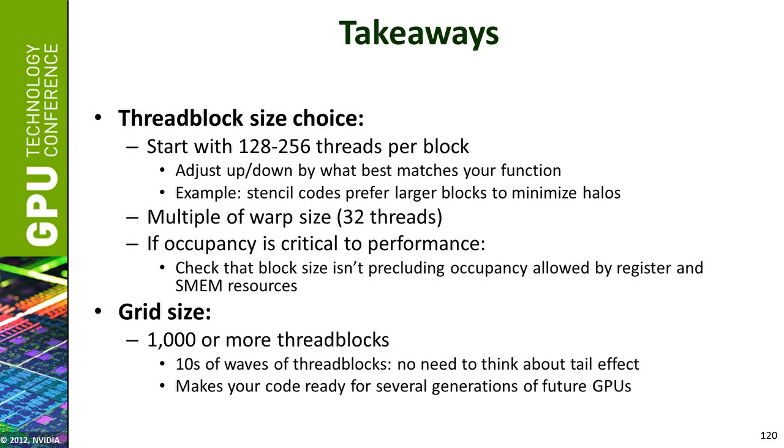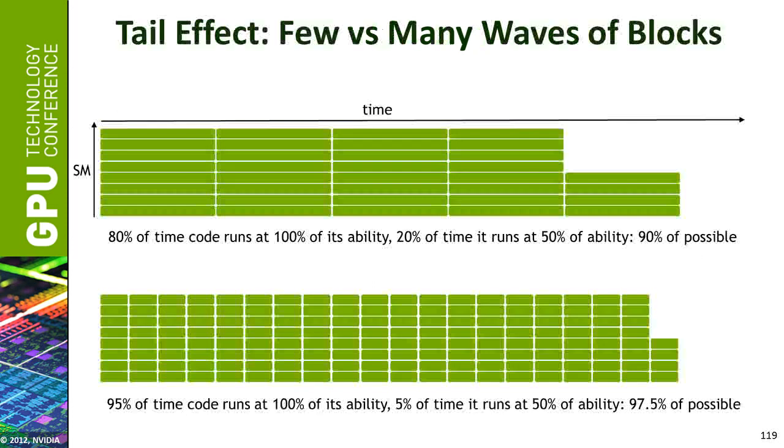Grid size, so the number of thread blocks: in general, I suggest to people that ideally a kernel launch would have 1,000 or more thread blocks in it, if that's feasible in your code, essentially to minimize the percentage of time spent in the tail. Right? If the amount of work is the same, but thread blocks are larger time-wise, well, the tail is a larger percentage of time than in a smaller thread block case, so you run at slightly higher utilization.